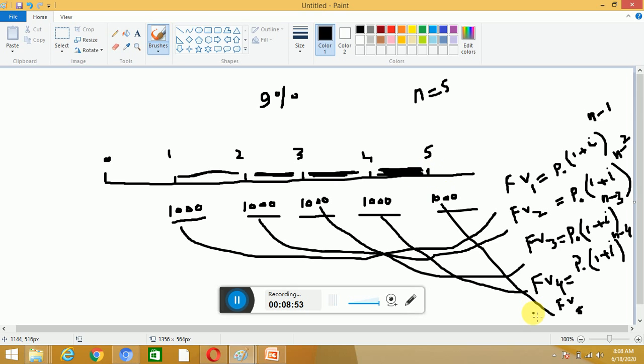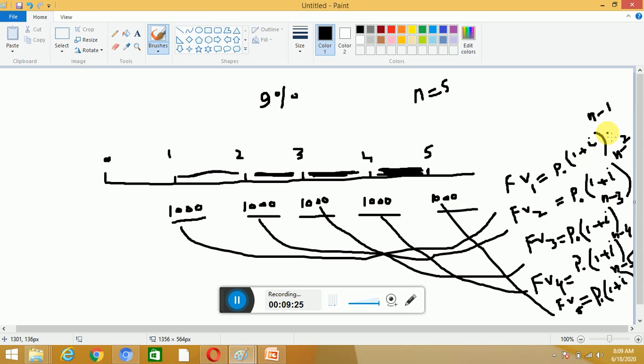And on this last one we deposit it here, so we will not receive any interest on this. So it will be P naught (1 plus I) raised to the power n minus 5, means 5 minus 5, so we will not get any interest.